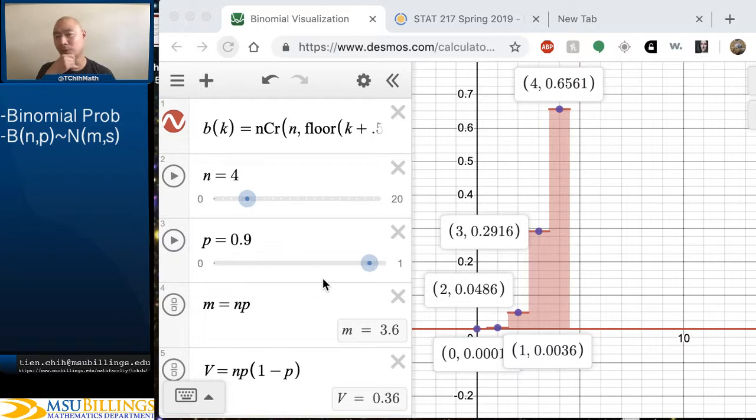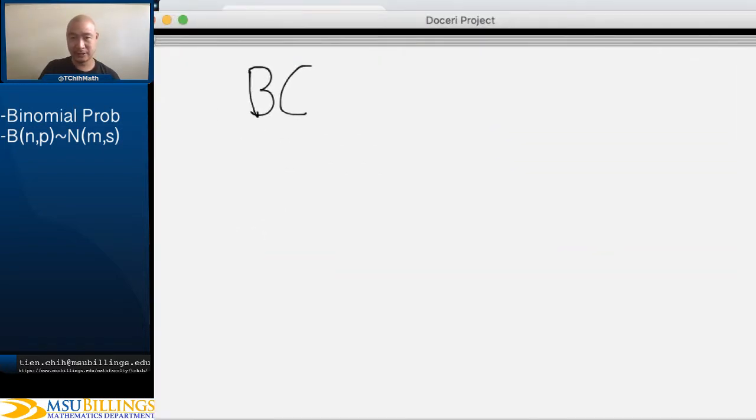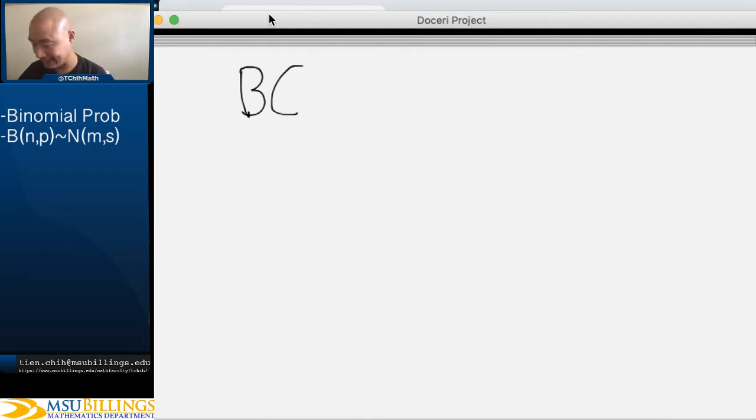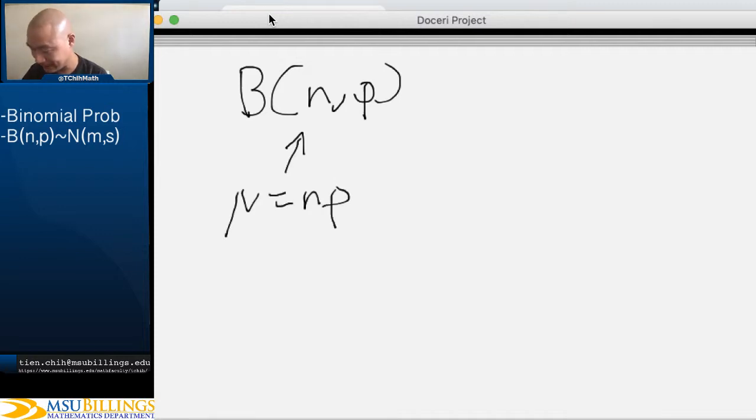And so one thing I wanted to note is that if you have a binomial distribution whose parameters are n and p, this thing has mean equal to np and standard deviation equal to the square root of np(1 minus p).